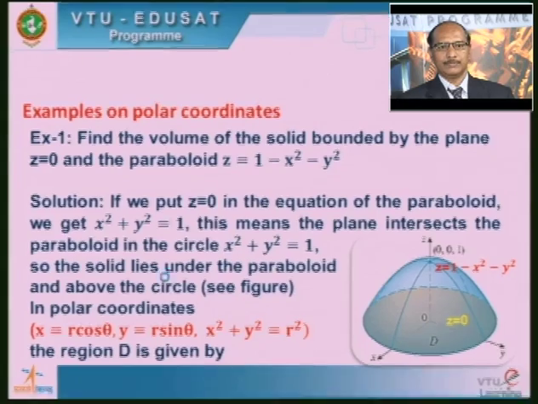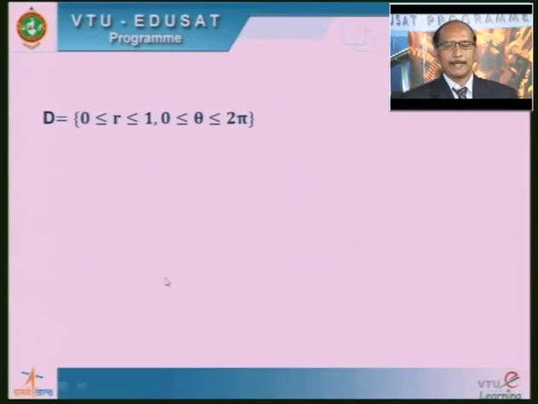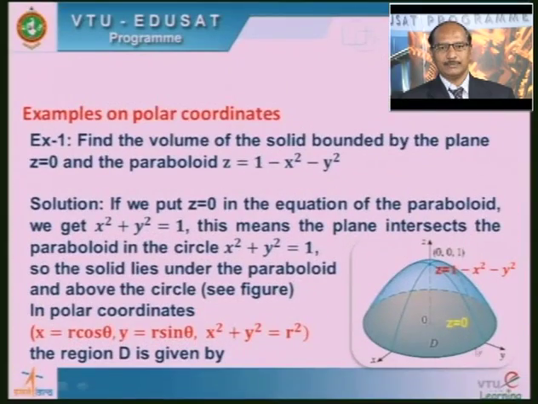The region D is a circular region with radius 1, so r ranges from 0 to 1.